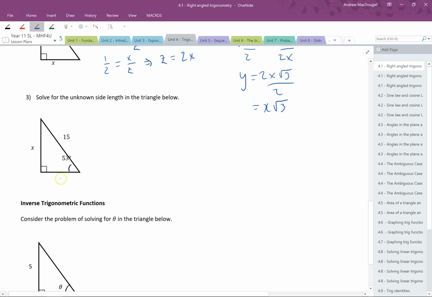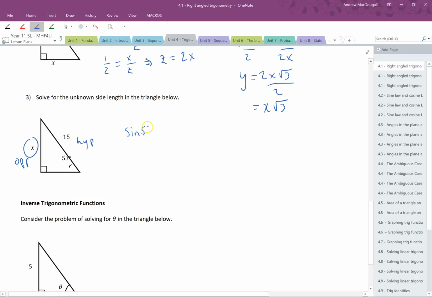Okay, now let's actually do one where we have enough information to determine the missing side. So we want to know this side. Let's call it y. So y is the adjacent, and we want to solve for x. x is the opposite, and we know the hypotenuse, and we also know the angle, 53 degrees. So we can relate those three pieces, two knowns, one unknown, with sine.